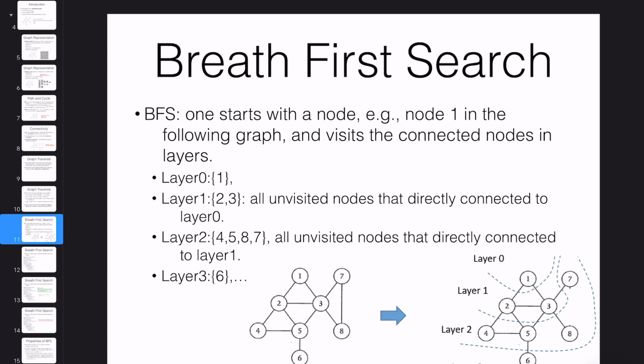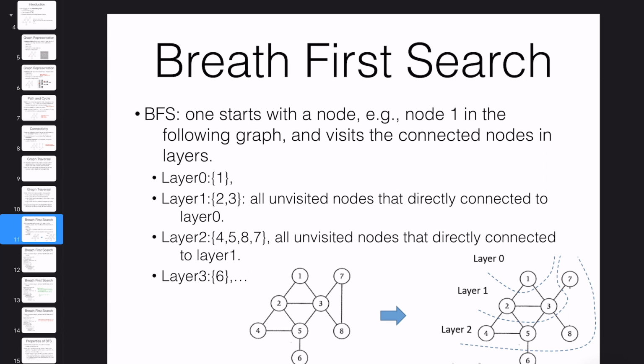You visit node 1, and for you, node 1 is at level 0. Then you visit all the nodes which are directly connected to 1. This makes sense. If you are at 1, you can only visit the neighbors of this node, right? So you visit 2 and 3.